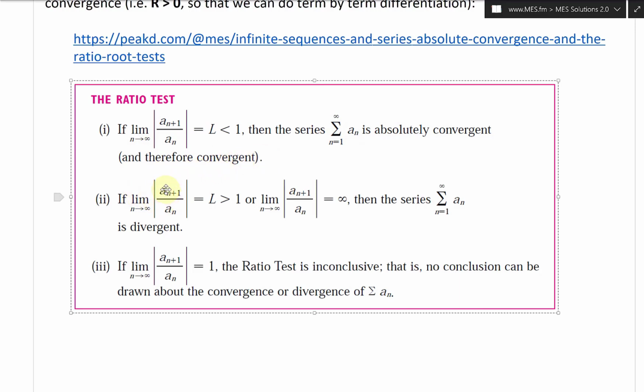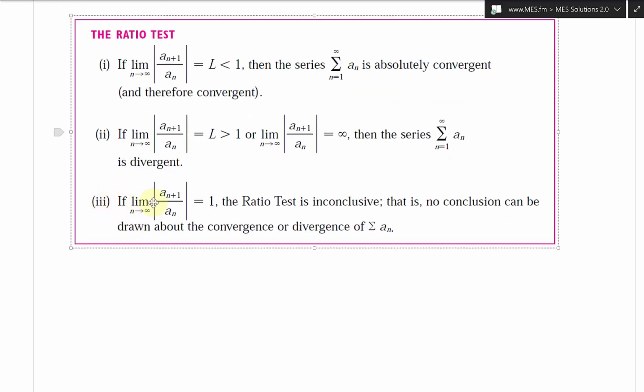If that limit equals L greater than 1, or the limit goes to infinity, then the series is divergent. If it equals 1, the ratio test is inconclusive. That is, no conclusion can be drawn about the convergence or divergence of the series a_n. Alright, so let's start off with u.